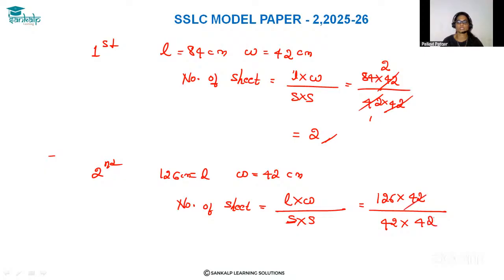So 42 ones are 42, 42 threes are 126. So this is equal to 3. So the second table requires 3 sheets. Okay. So the maximum length of the square glass sheet is 42 centimeter. The first table requires 2 sheets and the second table requires 3 sheets to fit exactly. Thank you.